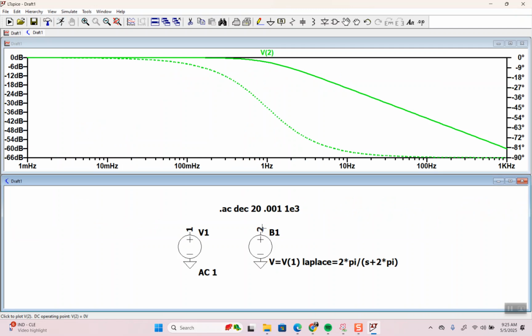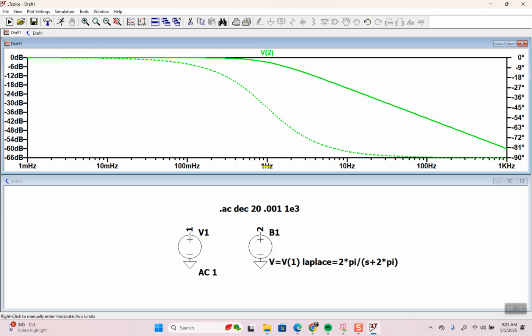Now here's the thing. If I took the x-axis and blotted out hertz and just called it radians, this would be the same thing if I put 1 radian. So 1 divided by s plus 1, and then change this axis to just radians, you'd get the same plot.